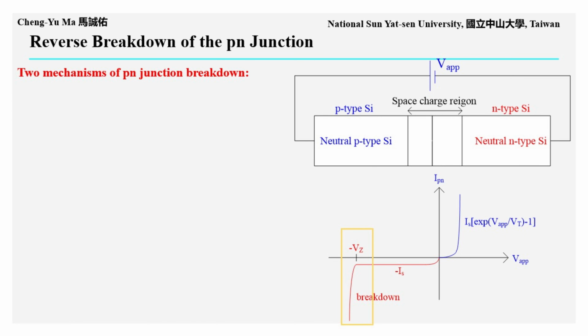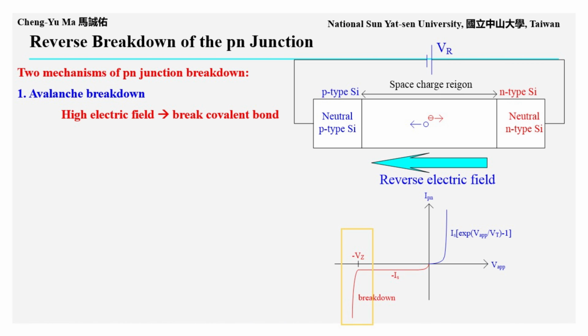There are two main mechanisms for reverse breakdown in a p-n junction. First, we will introduce avalanche breakdown. The cause of avalanche breakdown is shown in the diagram. Let us zoom in on the space charge region. When a large enough reverse bias is applied to the p-n junction, the reverse electric field inside the space charge region becomes very strong.